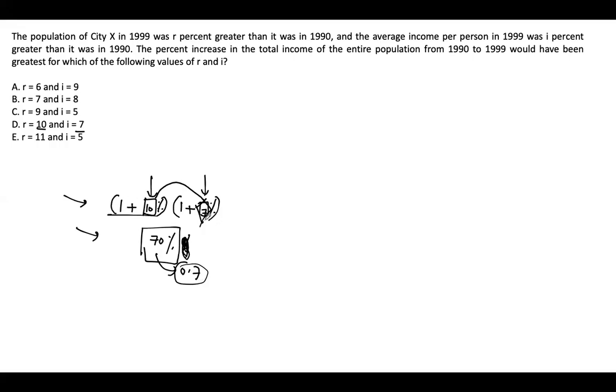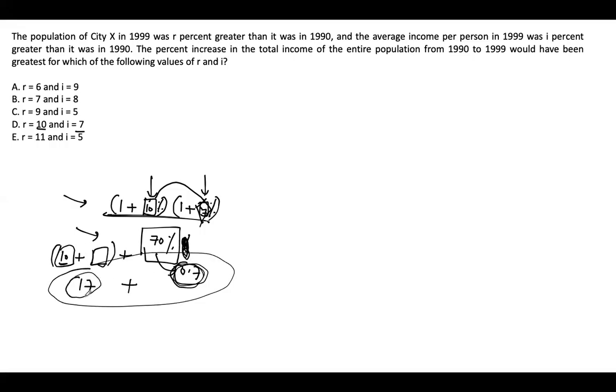And if you solve it fully, you will get an equation that is also dependent on the addition of these two, something plus something, which is 17 plus 0.7. Imagine this value is way smaller than the addition of these values, and you are deciding your calculation on the basis of just this value.